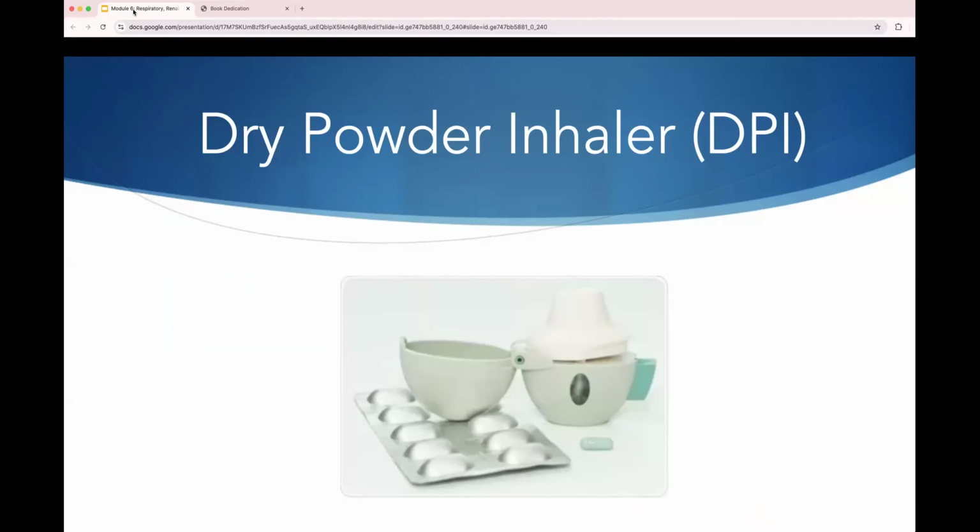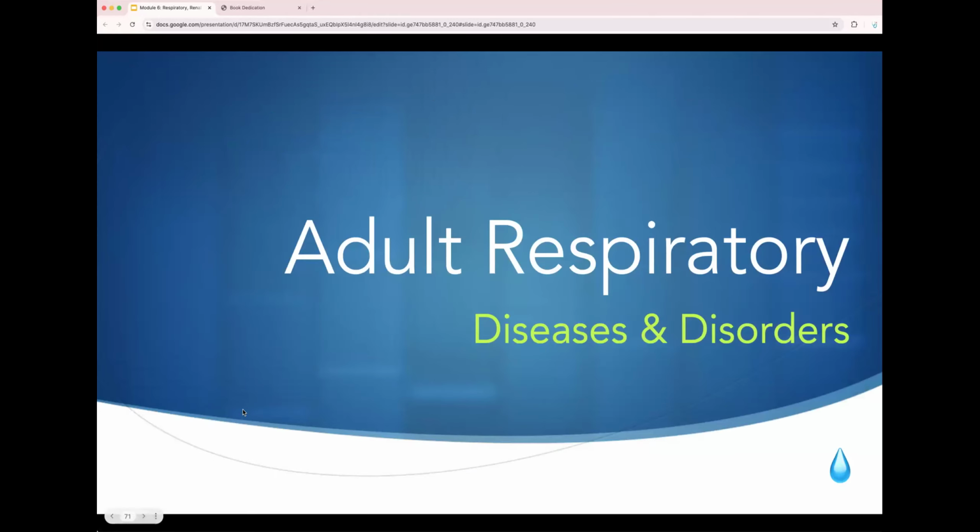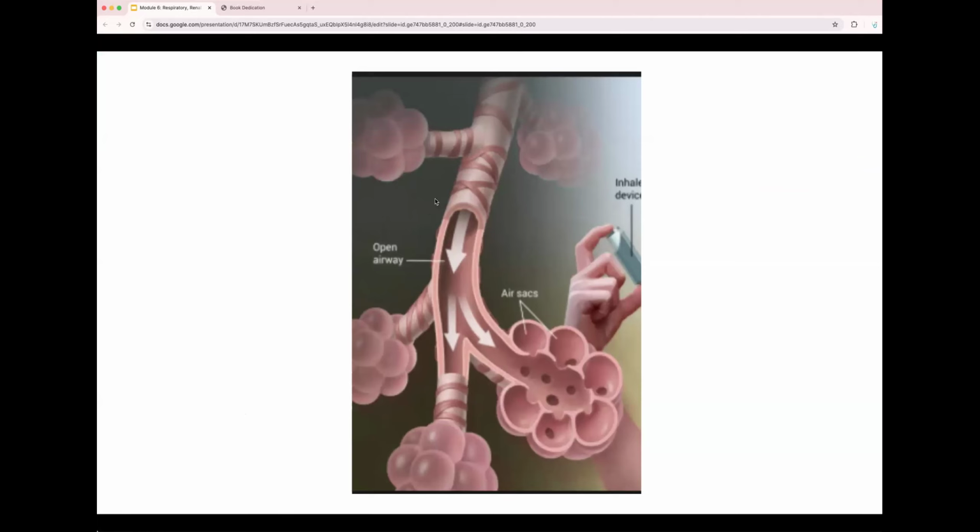All right, now we're going to switch gears and talk about pneumonia. So we've seen this picture before of an open airway.